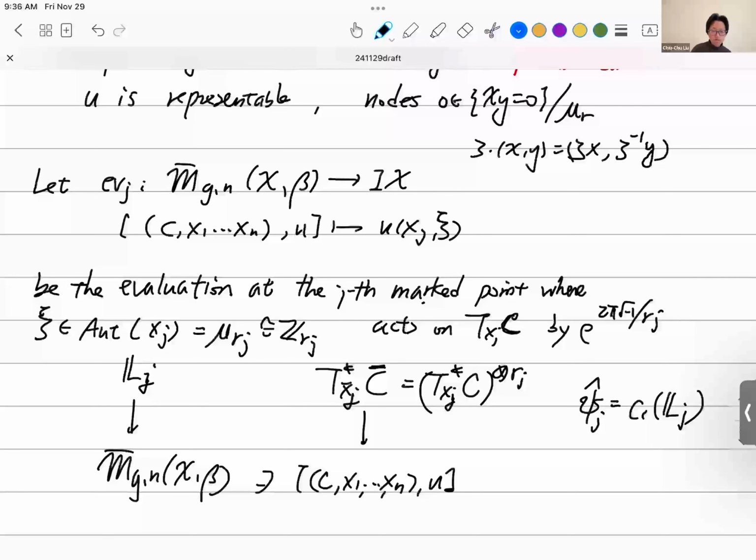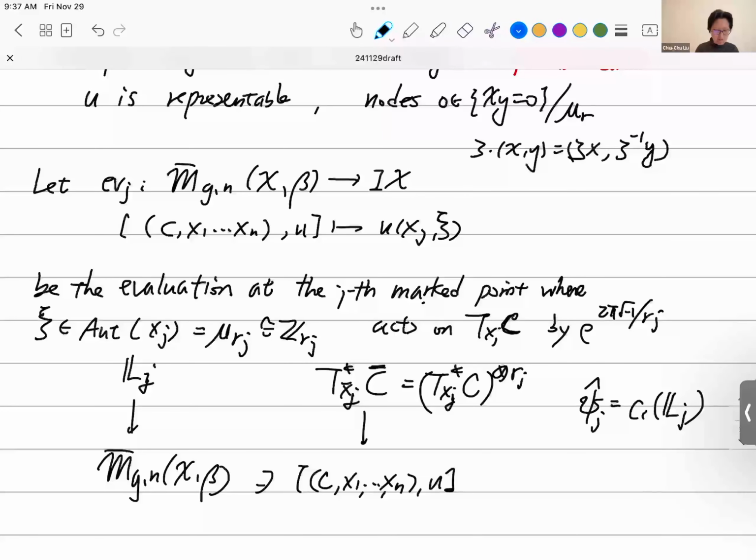Recall that to define general descendant Gromov-Witten invariants, we need to introduce the moduli of stable maps. Now we have introduced the moduli space of twisted stable maps. We also need to use the evaluation map and also psi classes. Now we have explained the evaluation map. So next is the psi class.